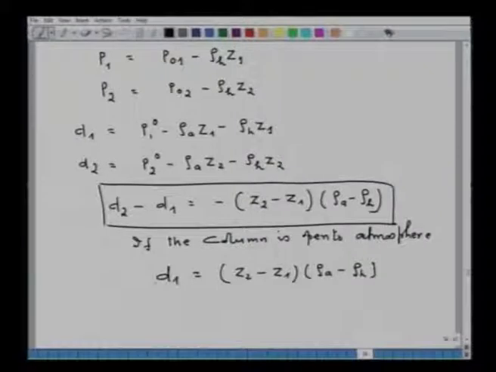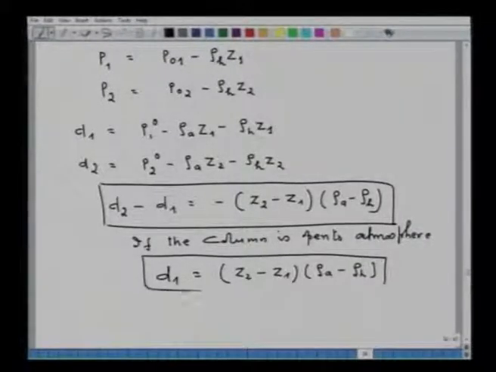So, that is the equation for the calculation of the draft. Now, mind you, we have calculated this draft under the static condition, that is, when the gases are not flowing. So, this is what you can call the static draft.